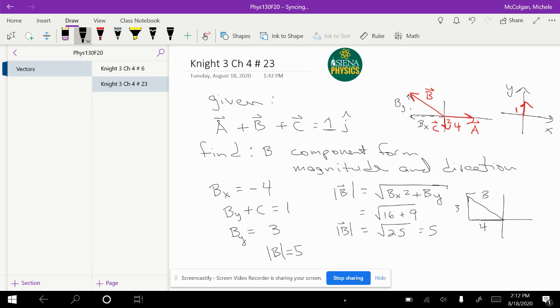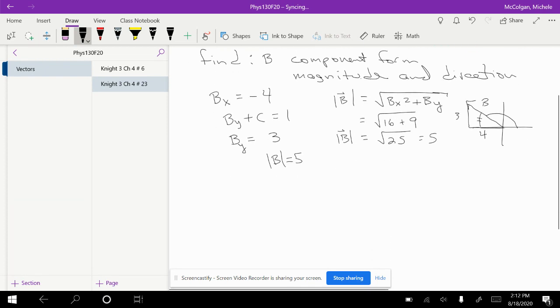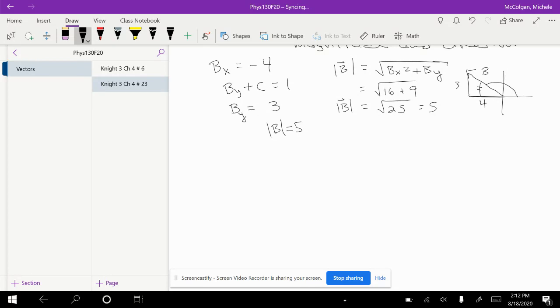Looking at this, what we really want to know, because in standard format we always measure angles from the x-axis, is this angle, but this is the angle that's easy to find. So we're going to look for this angle right here, and then subtract that from 180 to get it relative to the x-axis. How do we do that? If we look at this triangle and we want to know this angle, we can use tangent.